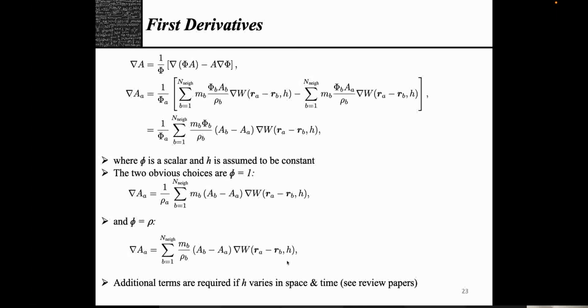And that requires a little bit more complex math that I'd rather not get into in this talk. But it is covered in quite a bit of detail in all the review papers I put at the beginning. So it just simply means, well, not simply, but it does mean when you account for a non-constant smoothing length, we do have some extra terms that we will have to account for. And I'll point those out on the next few slides.